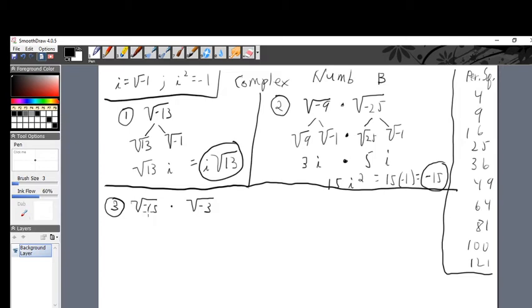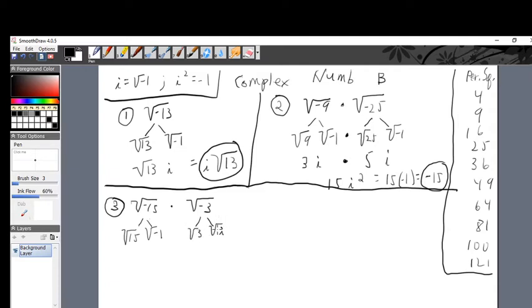Okay, what about this problem? There's no 9 here, no 25 here. Neither of these are perfect squares at all. What should we do here? Okay, so here's what we do. Break it down like we did. Square root of 15 and square root of -1. I'm going to do both of them at the same time. Square root of 3, square root of -1.